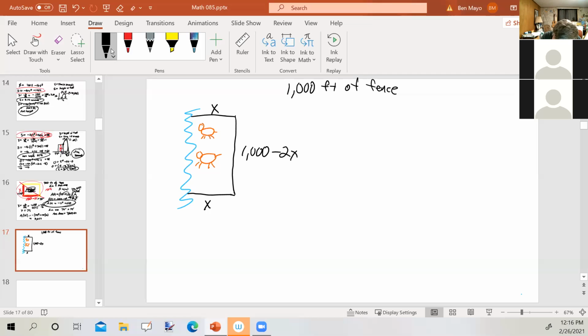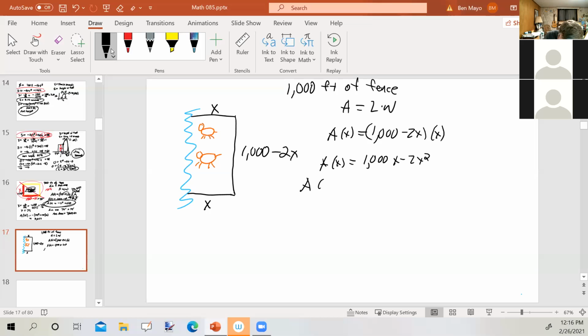Now, using area equals length times width, A of X equals 1,000 minus 2X times X. A of X equals 1,000X minus 2X squared. A of X equals negative 2X squared plus 1,000X, putting it in descending powers.